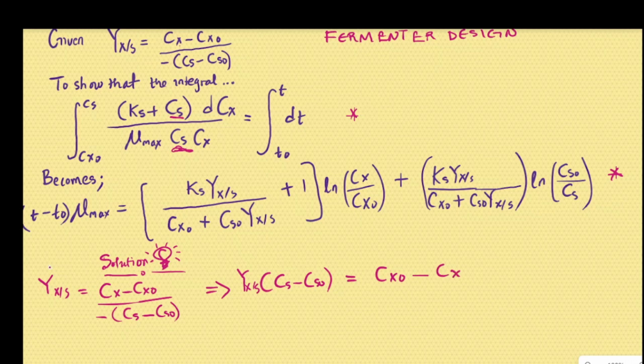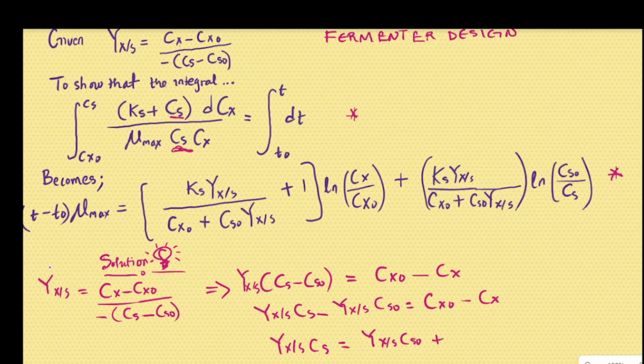This negative sign, I used it to divide the terms in the numerator. So when you open the brackets, we have Yx/s Cs − Yx/s Cs0 is equal to Cx0 − Cx. Then you have Yx/s Cs is equal to Yx/s Cs0 plus Cx0 minus Cx.